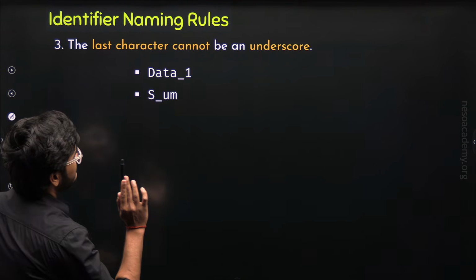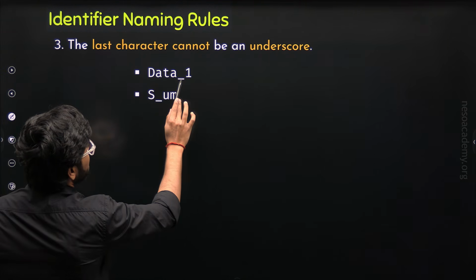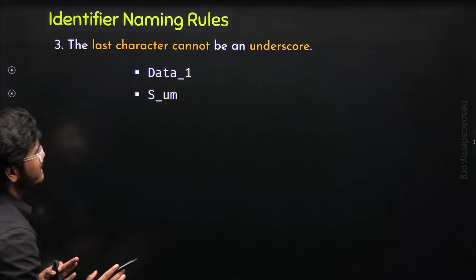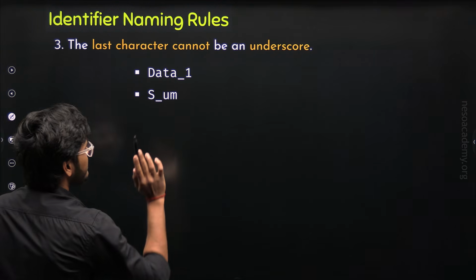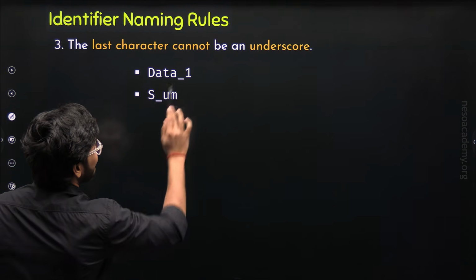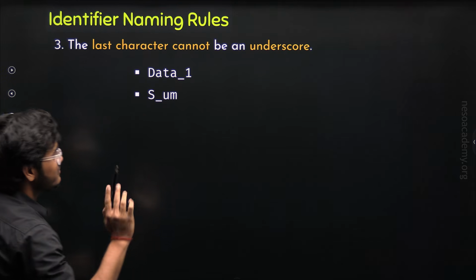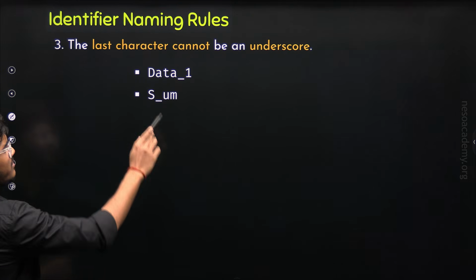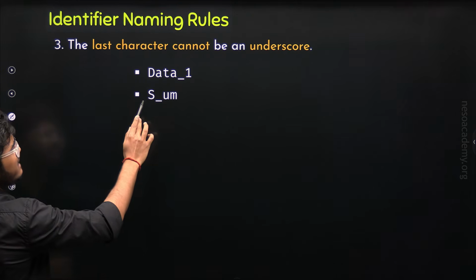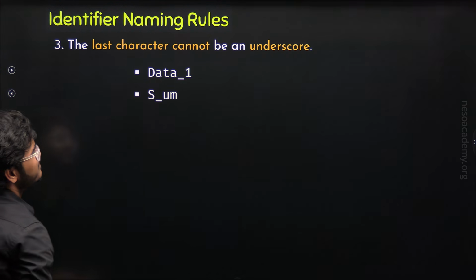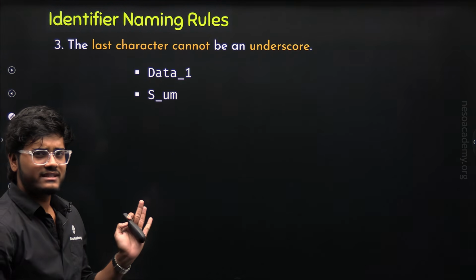Now, in this name, data_1, we can clearly see this underscore is present but not at the end. And as per the third rule, this name is valid. So, what about this example? S_U_M. Is this name valid?